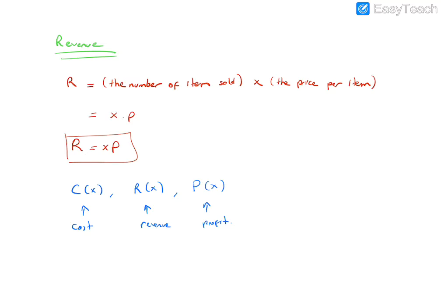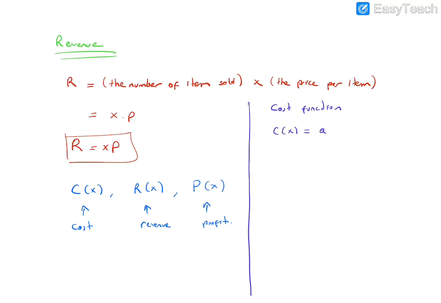Okay, briefly, as a result, the cost function, which is C of X, equals fixed cost plus variable cost.